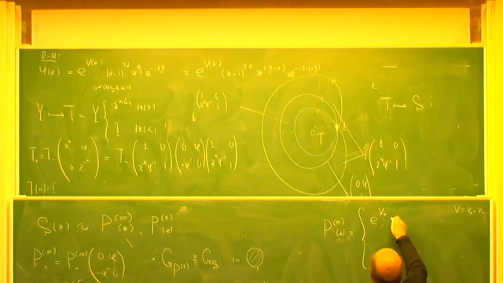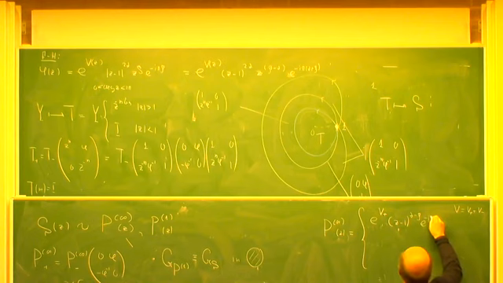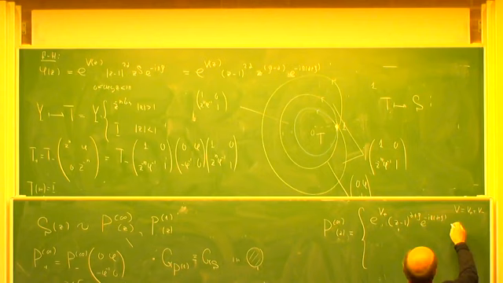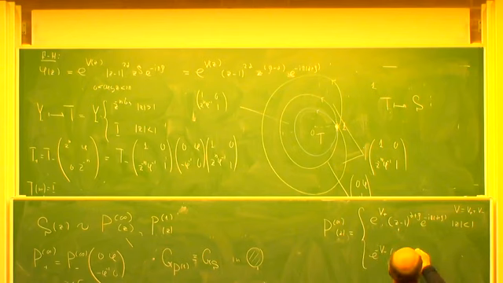Times z minus 1 to the alpha minus beta, e to the minus alpha, probably plus, I will double check. So this is inside the unit circle. Minus phi, minus z minus 1, z to the beta minus alpha.